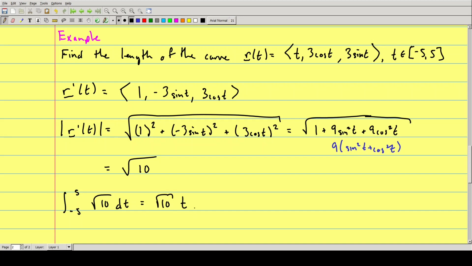We integrate a constant, we just multiply by t, we evaluate from negative 5 to 5, and the answer is 10 radical 10. So we get 5 radical 10 minus negative 5 times radical 10.